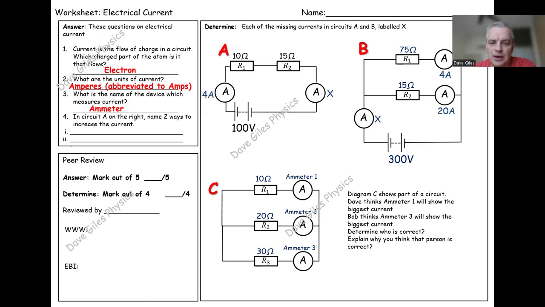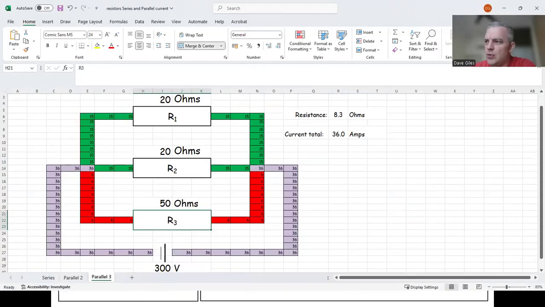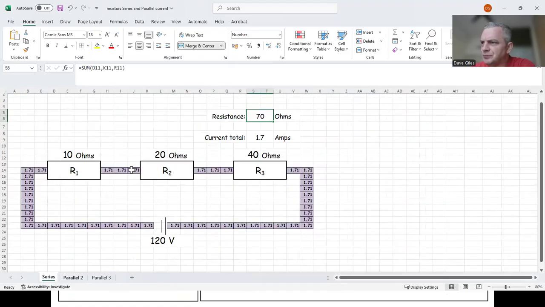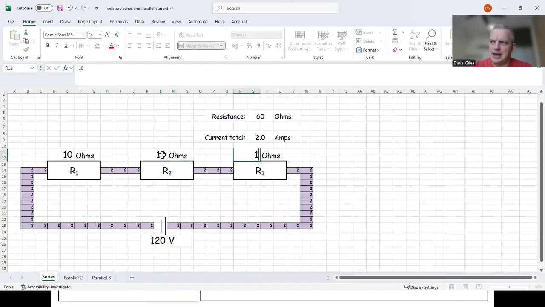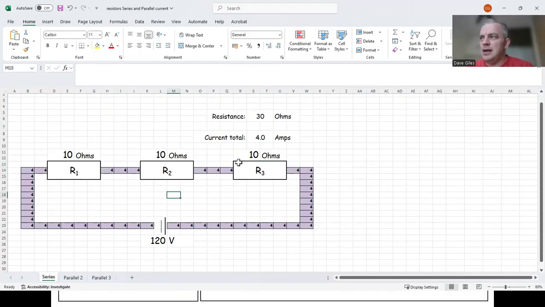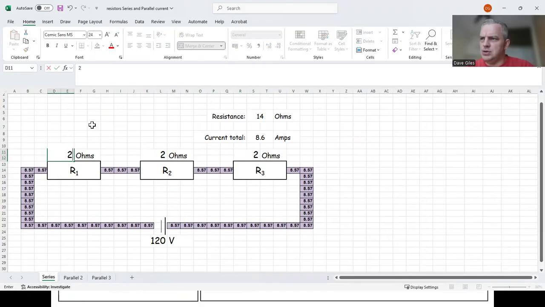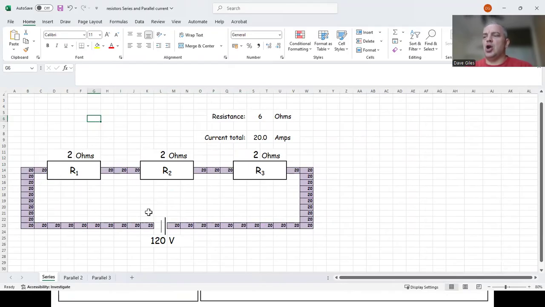Now actually, if I go back to this simulation here, to increase the current, let's take a quick look. I've got these now all at 10 ohms, and you can see the current is 4 amps. If I reduce the resistance now, so I'm going to put this to 2, 2, 2, you can see the current has now gone up to 20 amps throughout the circuit.